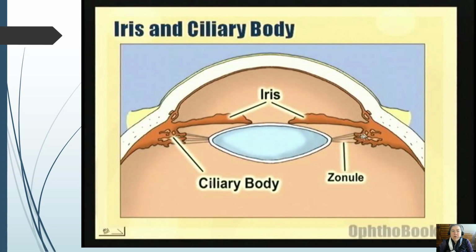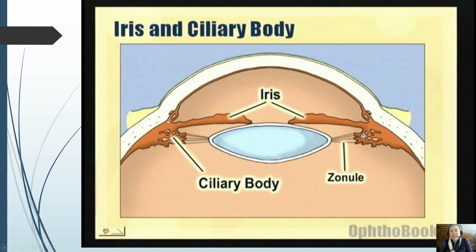A little bit more about the iris and the ciliary body. The ciliary body also contains muscle, and that muscle is attached via something that are called zonules or suspensory ligaments to the lens, which is this clear, relatively flexible structure behind the pupil.